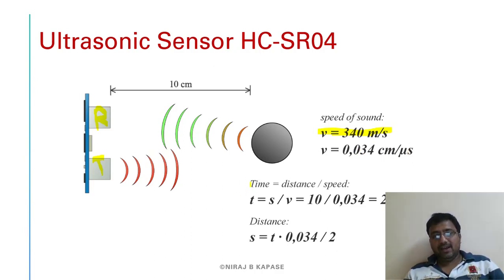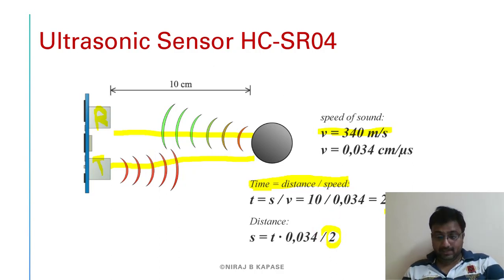We have the equation: time equals distance upon speed, so distance equals speed multiplied by time. So S equals T into 0.034 divided by 2. Why divided by 2? Because the measured time is the round trip: the wave travels from this side towards the obstacle and is reflected back, so it travels twice the distance. We divide by 2 for that purpose.